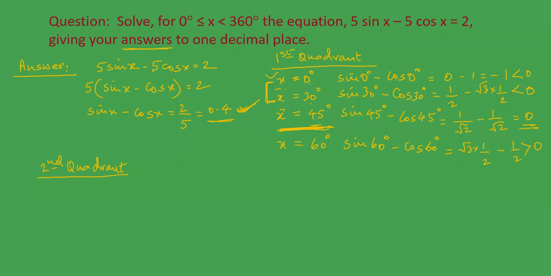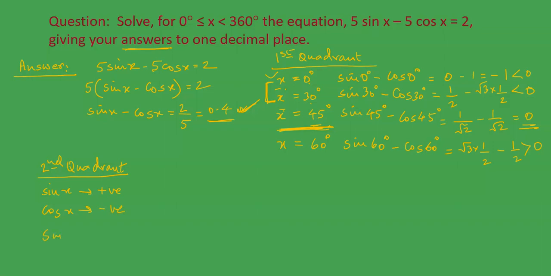Sine is positive in the second quadrant and cos is negative in the second quadrant. Therefore, sin x value will be a positive number. Cos x value, for any value of x lying in the second quadrant, will be a negative number.